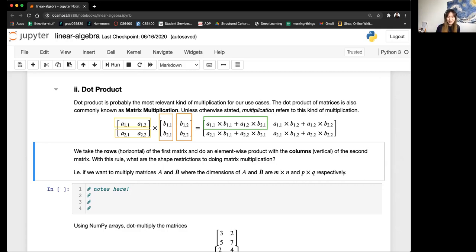It takes a good amount of time to get used to matrix multiplication, but that's basically what's happening with all of the other elements here. For this top right one, it's taking the top row here and the right column here, and the same for the bottom ones.